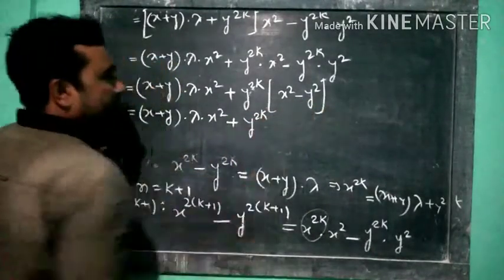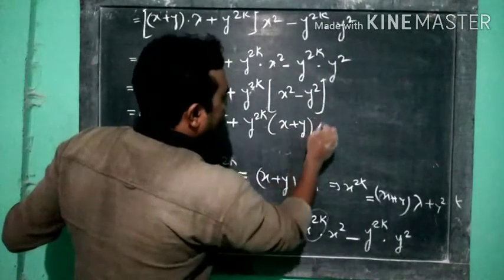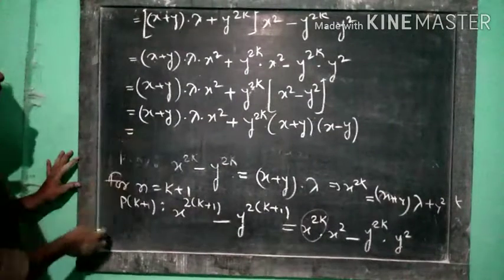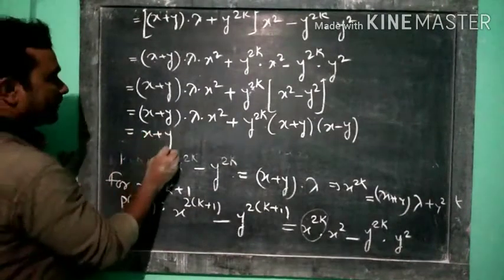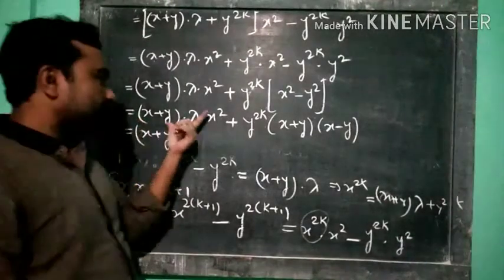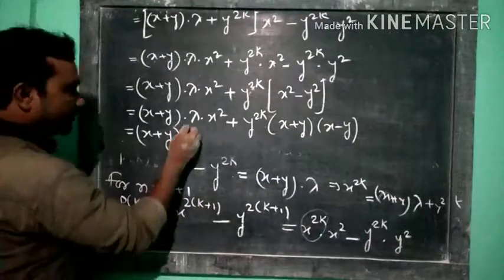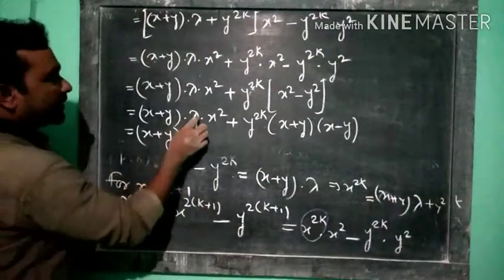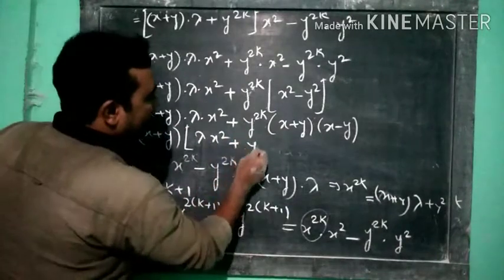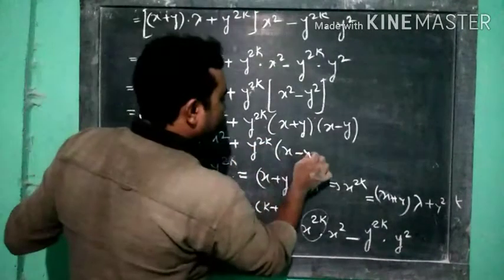If we break the formula, then we get (x plus y) whole into (x minus y). Now taking common x plus y from the given term, the remaining is lambda x squared plus y to the power 2k, whole into (x minus y).